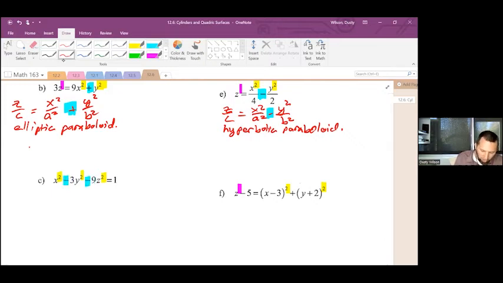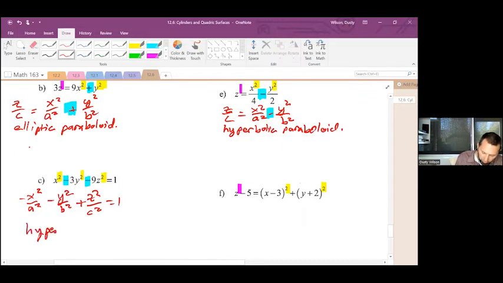So this must be our hyperboloid of two sheets. That's of the form negative x squared over a squared minus y squared over b squared plus z squared over c squared equals 1.